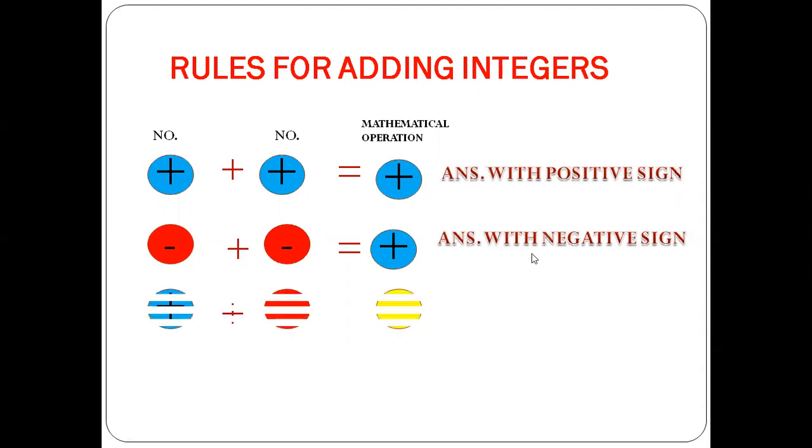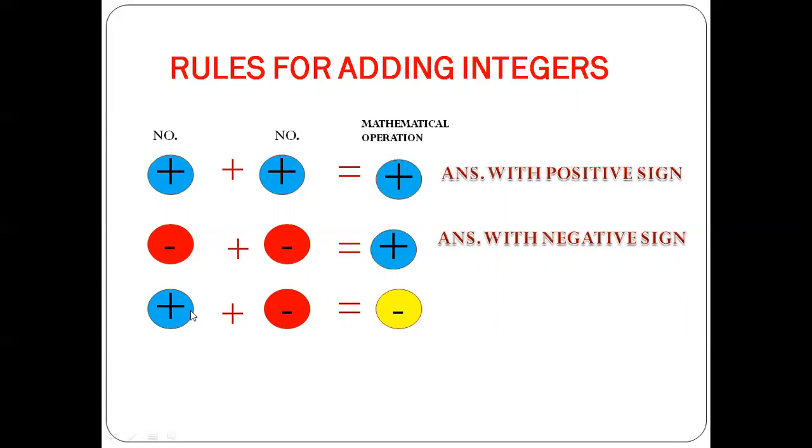Now the third rule. The third rule says one positive number and one negative number. Here you can see that the blue symbol is representing the positive number, while this red symbol is representing the negative number. So when one positive and one negative number are added with each other, this yellow symbol shows that there will be subtraction between these two numbers.